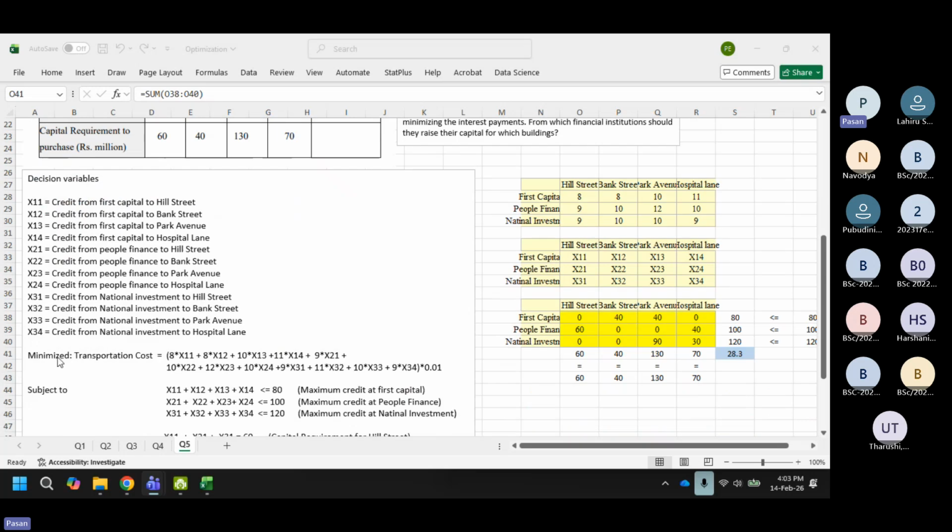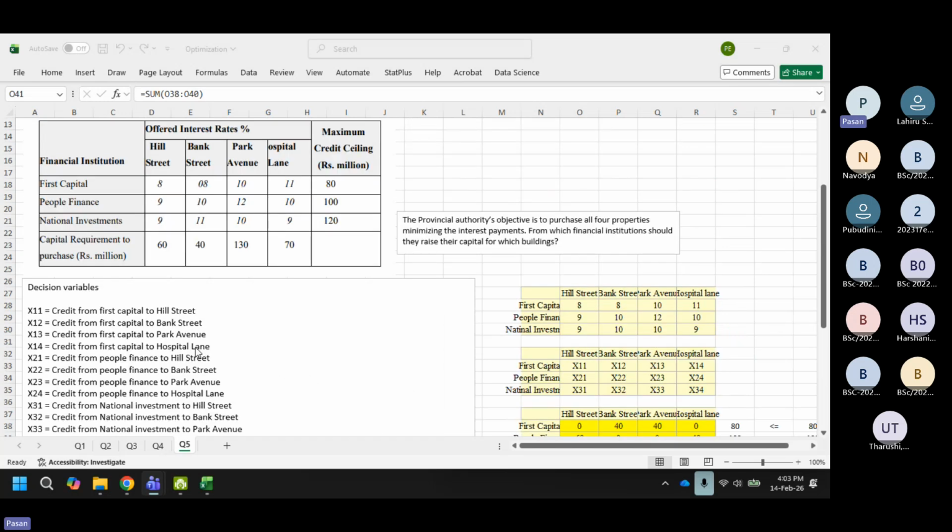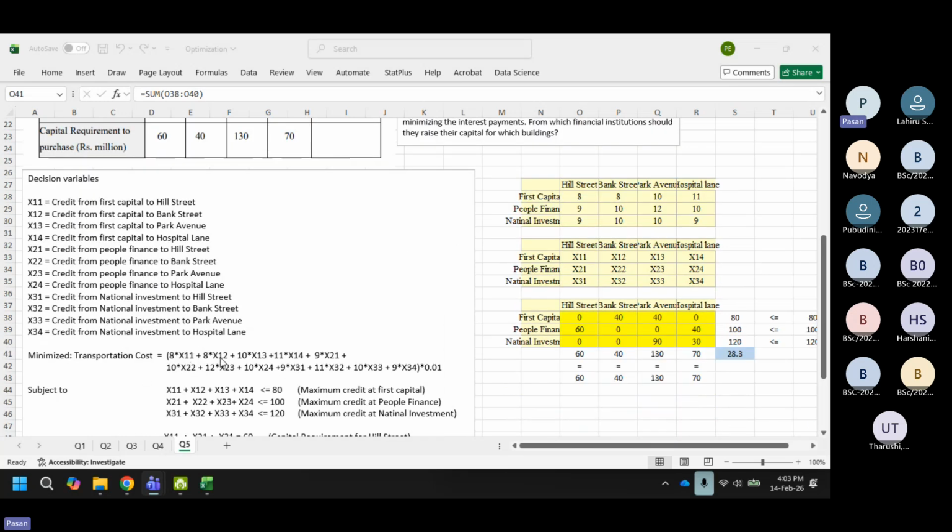So I can write down my objective function like that. Each number is multiplied by x11, x12, x13, x14, and so on. And I'm just multiplying by 0.01 here to indicate that they are interest rates. So the final answer will be multiplied by the interest rate, and it's the interest amount that you have to pay.